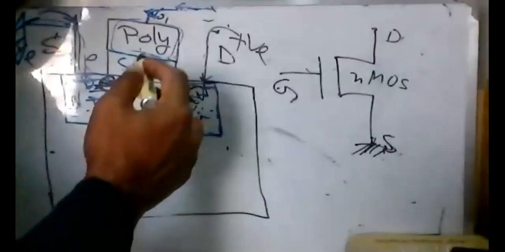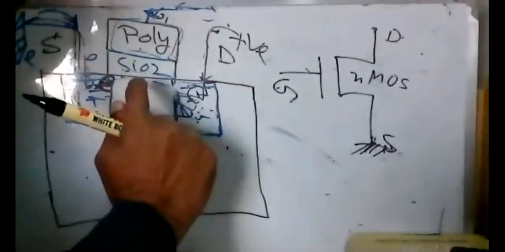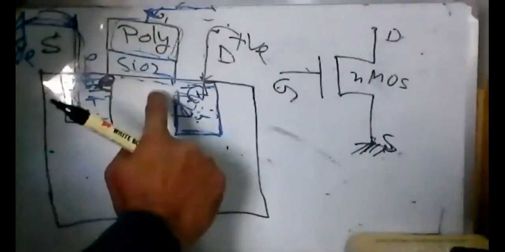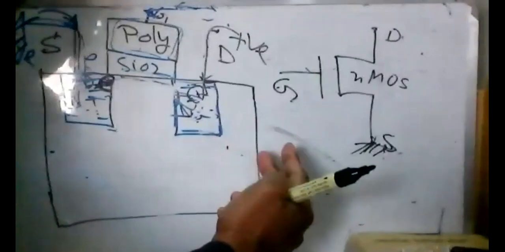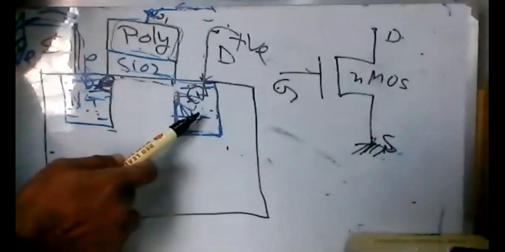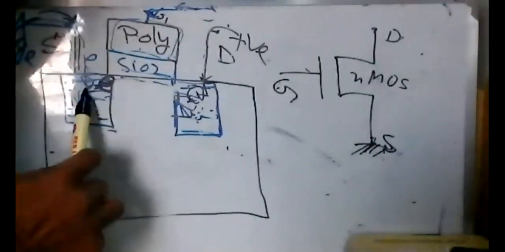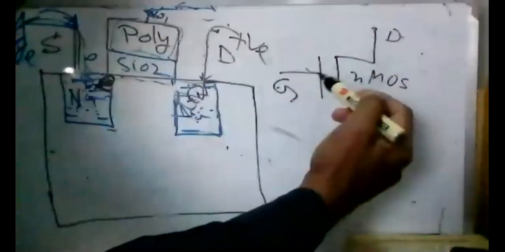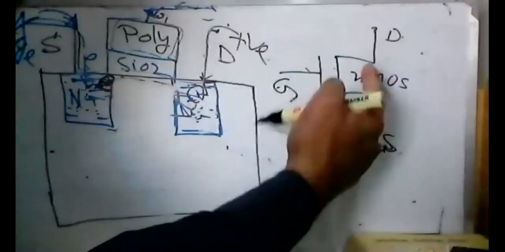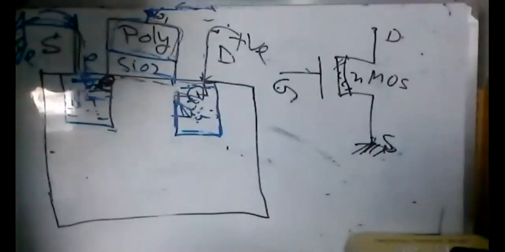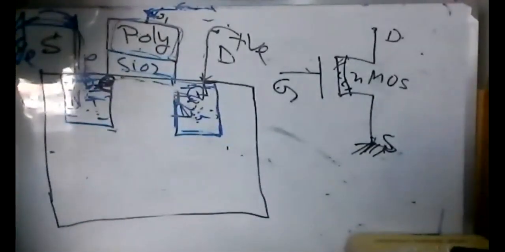When you put a positive voltage, only then will the channel be generated, or formed, and the transistor will be turned on. Then electrons can flow from source to drain, and current can flow from drain to source. So what do we have to do? If we put a positive voltage here, a channel will be created here. Right? If we don't put any voltage, there will be no channel, no current, and the transistor is off.